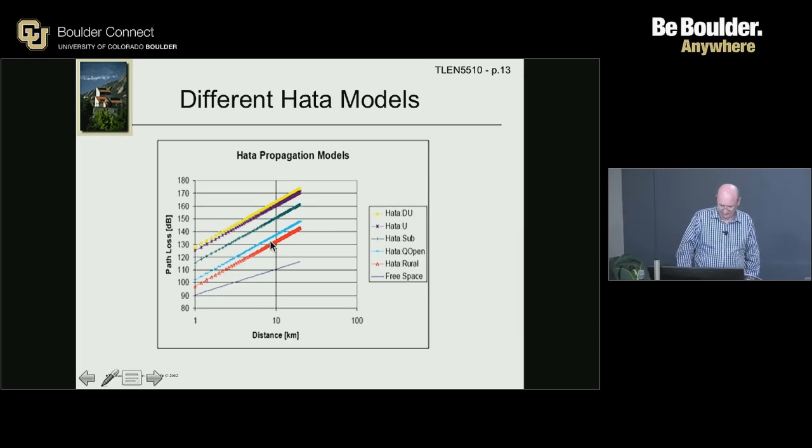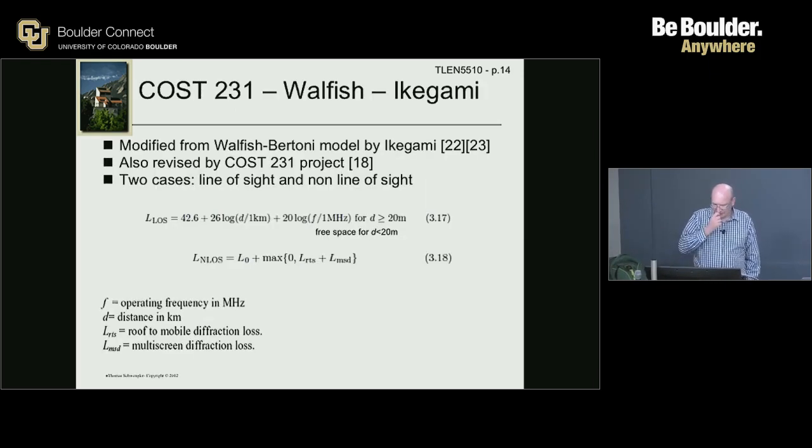Another one is the COST 231 Walfisch-Ikegami. Same thing, that COST project reviewed all those models and put together a great model by Walfisch, Ikegami, and Bertoni. They worked on a bunch of things. That approach was different.